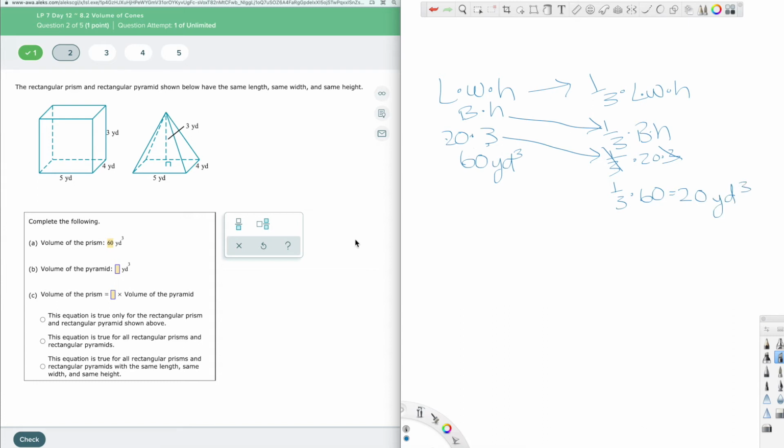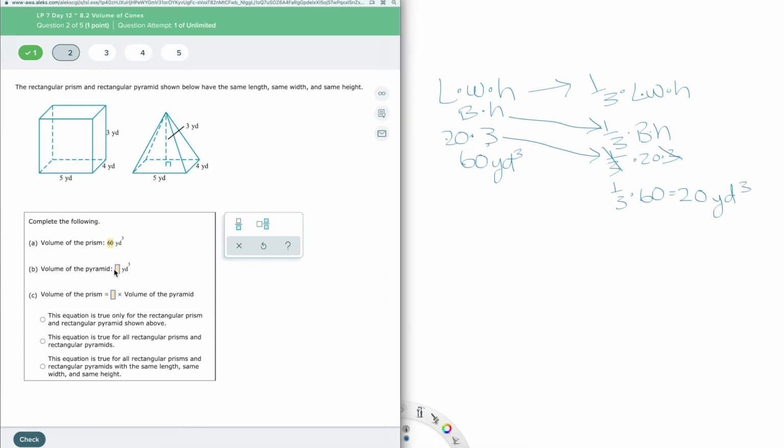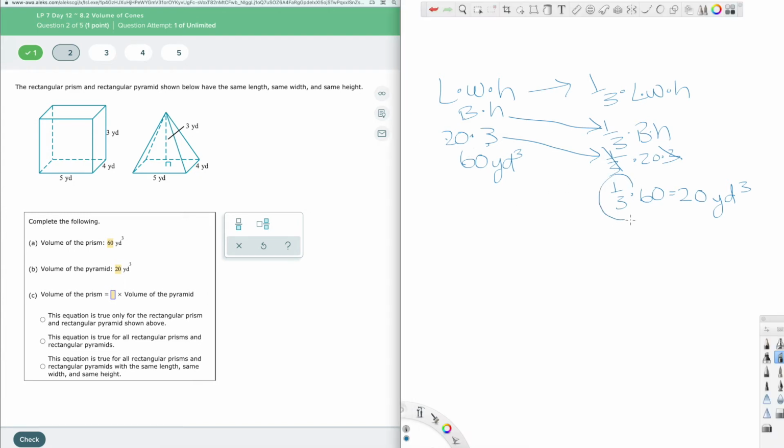So looking at this one, I can see visually that the rectangular prism was going to be bigger than the pyramid. And now I can see, mathematically, yep, the prism is bigger than the pyramid. So now it says the volume of the prism equals blank times the volume of the pyramid. So we want to focus in on this piece here, this 1/3.